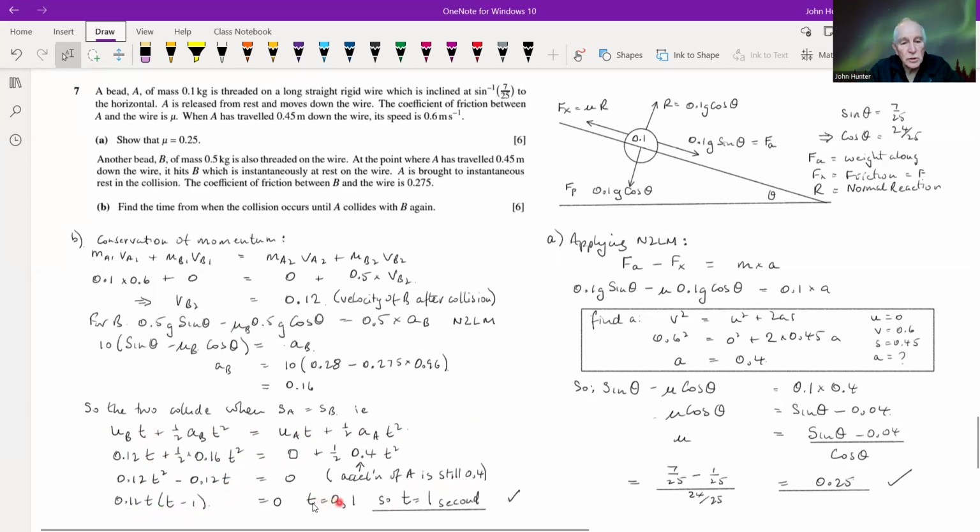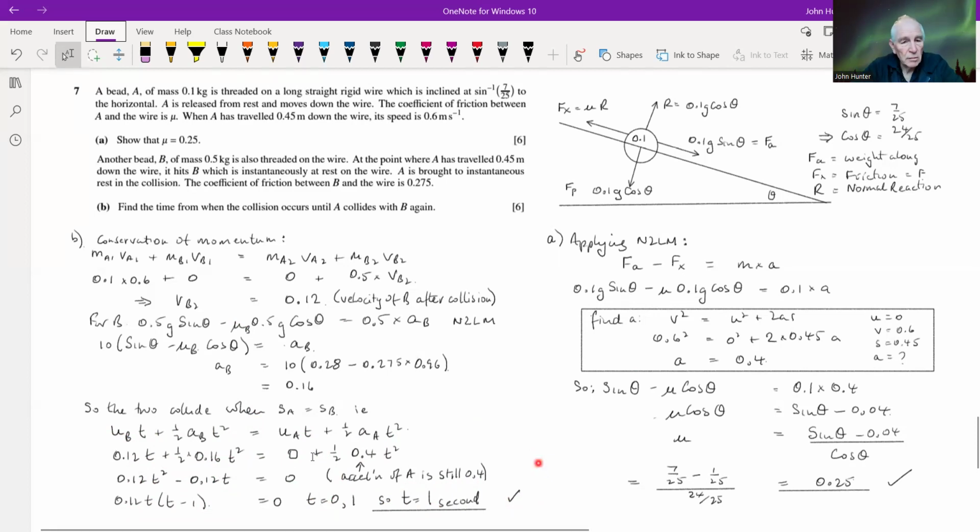So that's giving us two solutions, t equals 0 and t equals 1. t equals 0 is the moment of impact, and t equals 1 is the other occasion when the two displacements are the same. So it takes 1 second before the second impact.